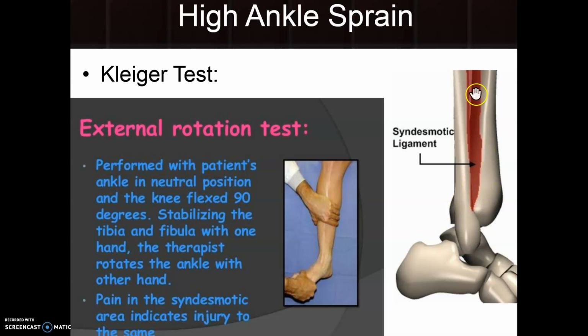This structure here, the syndesmosis, holds these two bones together, and again, as this stress is applied, it stretches out the bottom portion of the leg syndesmosis. This is also known as a high ankle sprain.